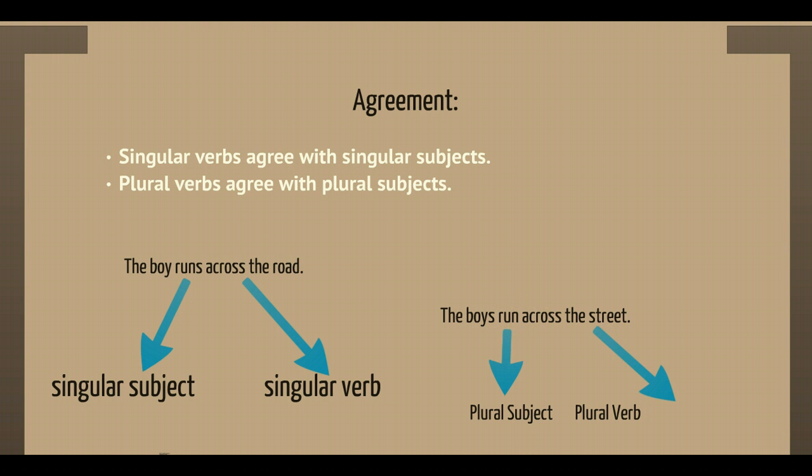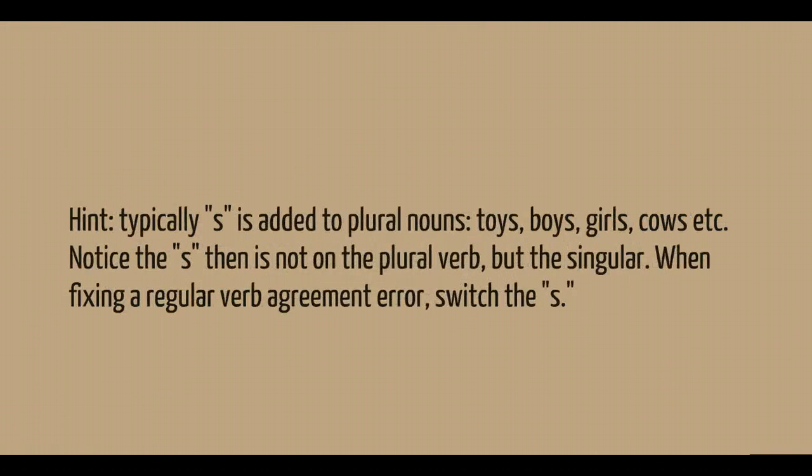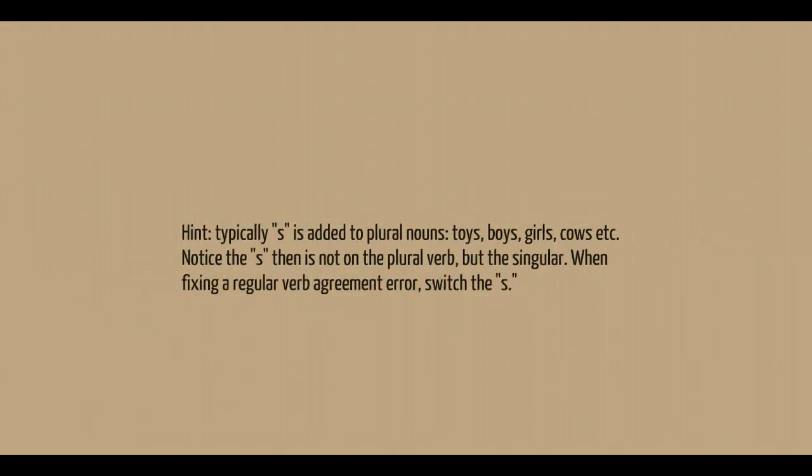And that's what the hint is telling us. So it's not on the plural verb, but the singular. So when you're fixing a regular verb agreement error, just switch the S. So he walks instead of he walk. Right.